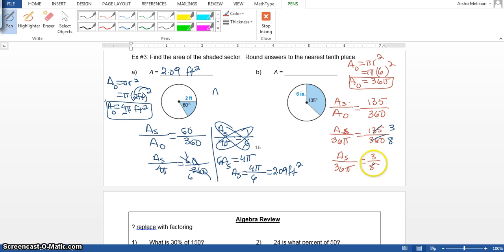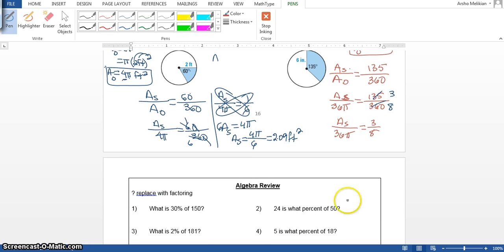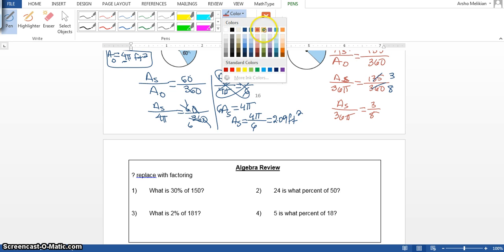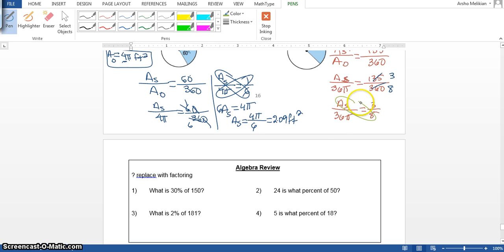Now what would I do to solve this proportion? Cross multiply. If we do cross multiply, I get 8 times the area of the sector equals 3 times 36 pi.